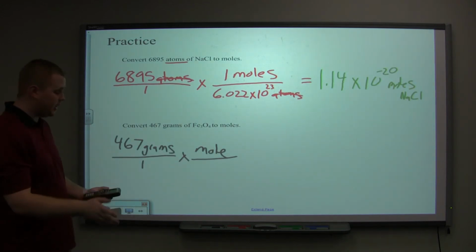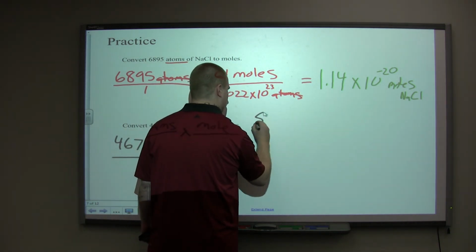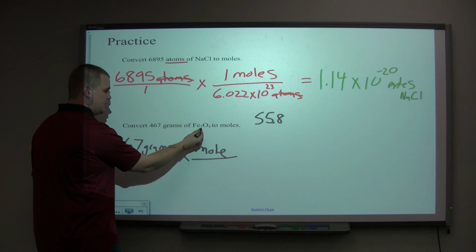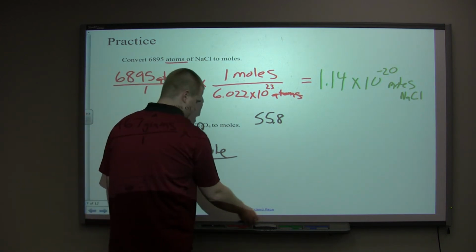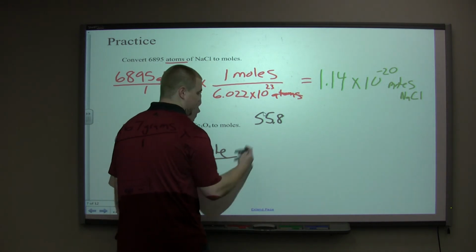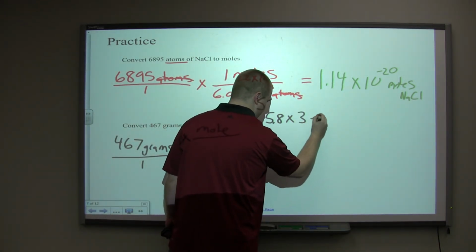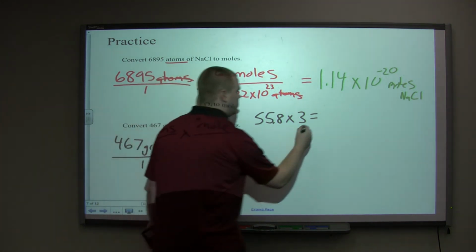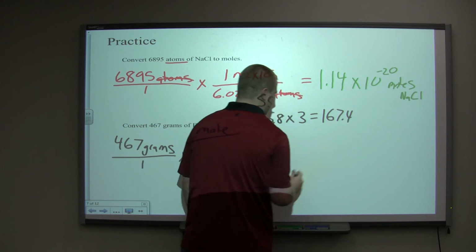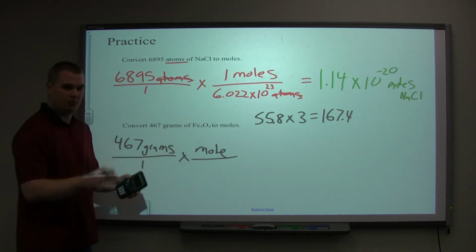So 55.8, we do this over here. How many irons are there? There's 3 of them. So we multiply that by 3 irons in that molecule, and we're going to get 167.4. Now that's just the mass related to iron for a mole.